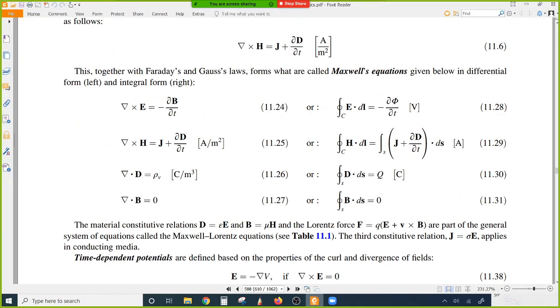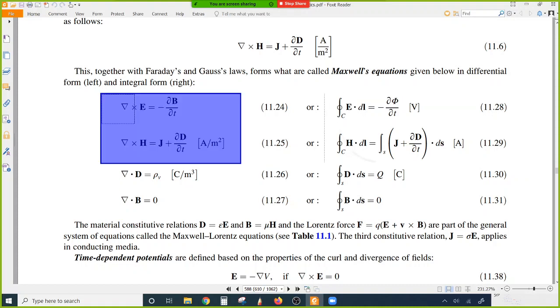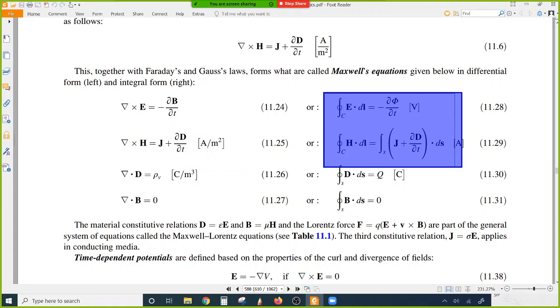We go to Maxwell's equations and we see that the Maxwell's equations containing electric field intensity and magnetic field intensity are these two, or these two. Doesn't matter which one you want to use.